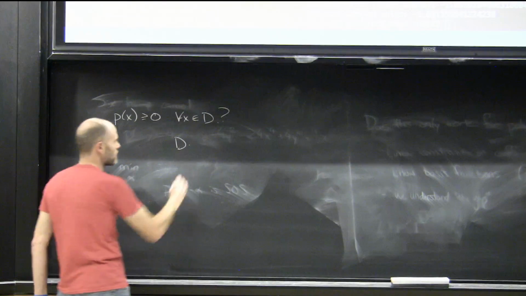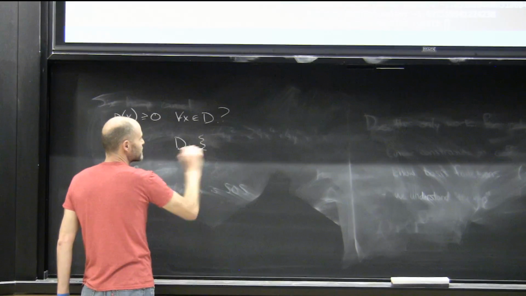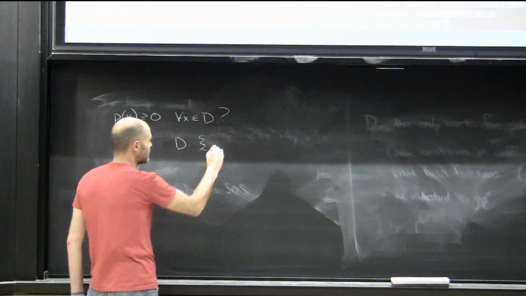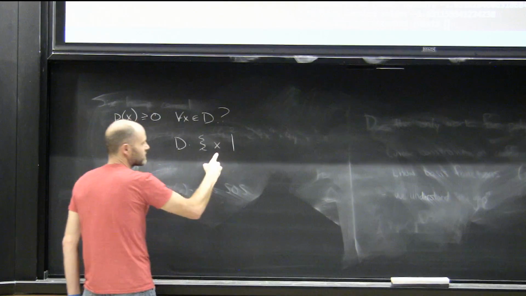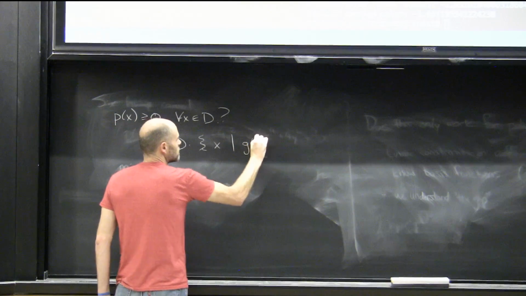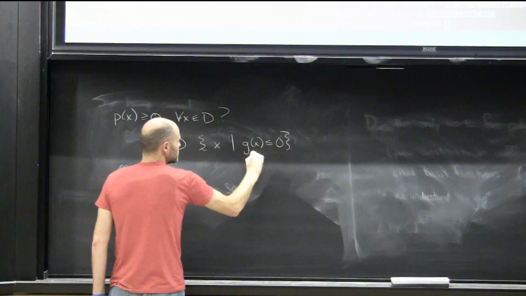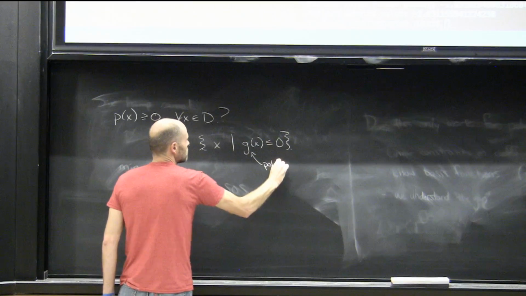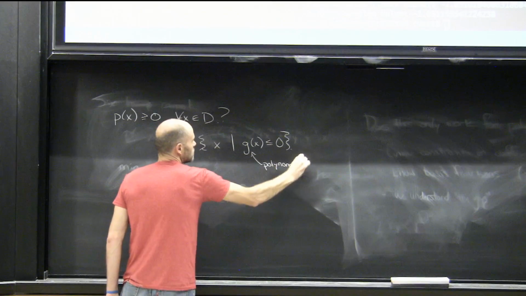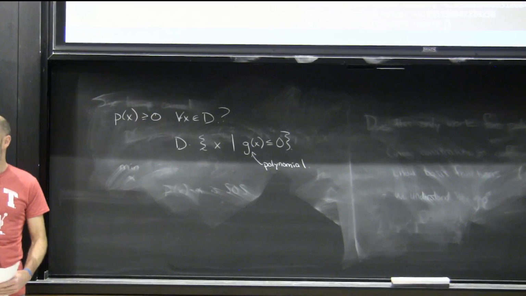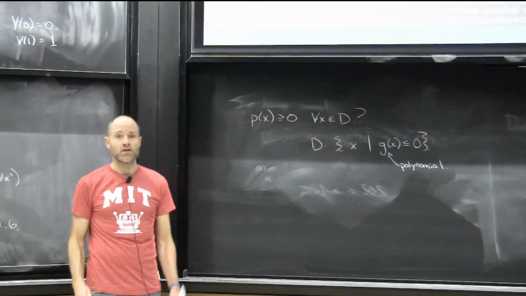Here's the trick, okay? Let's make sure we specify D with polynomials, right? That's what we're good at today. Let's say it's all the places where some polynomial function g is less than 0. Okay? That's the domain we care about.